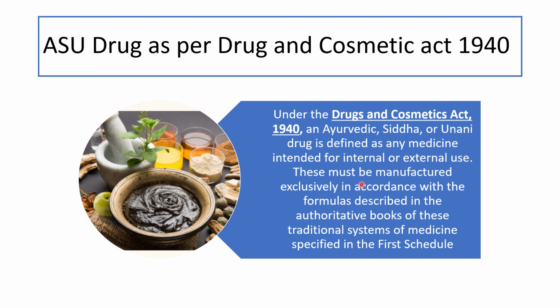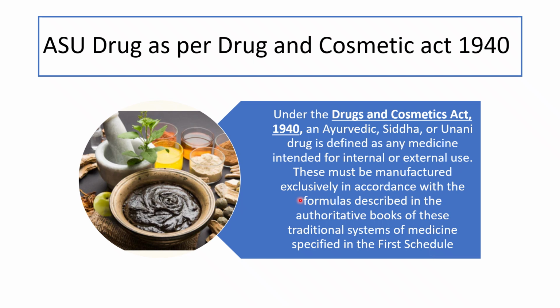These must be manufactured exclusively in accordance with the formula described in the authoritative books of these traditional medicines specified in the First Schedule. The First Schedule of the Drug and Cosmetic Act gives the names of some books for ASU drugs.